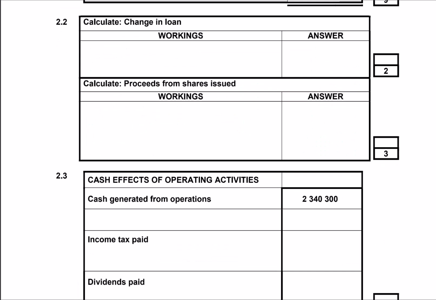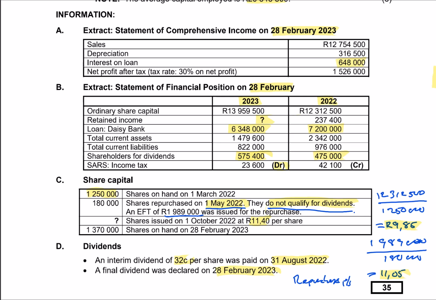The next question, calculate change in loan. The change in loan is simple and straightforward. You're given the loan here, the interest on loan, an opening balance of loan and a closing balance of loan. In that regard, we assume that since they gave you the closing balance, if interest was being capitalized, they've already taken it into account.